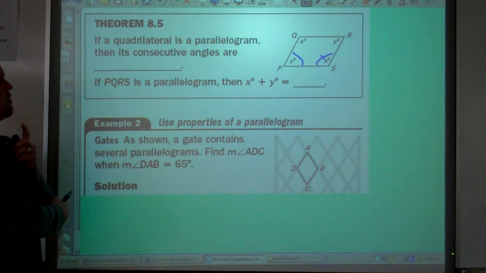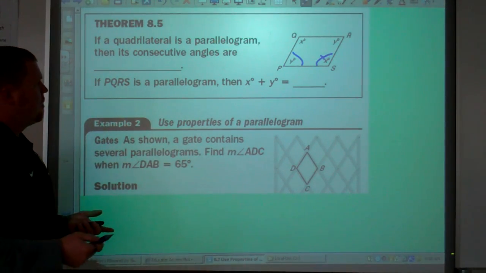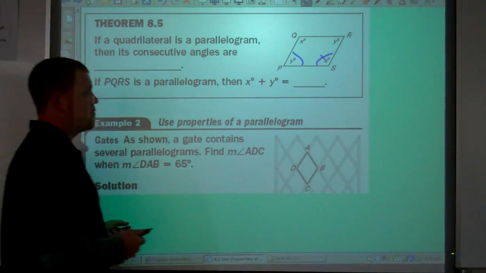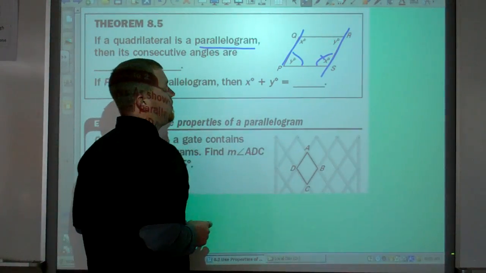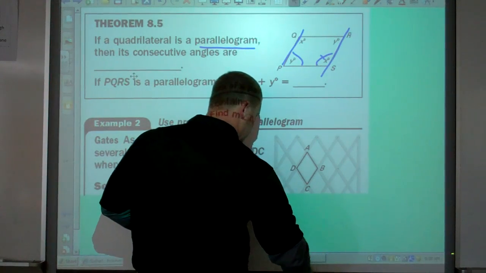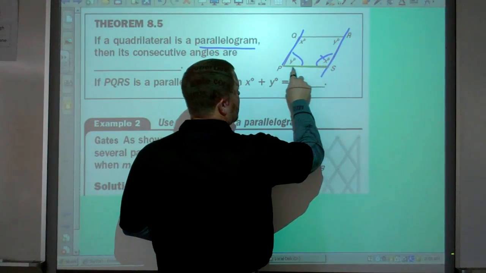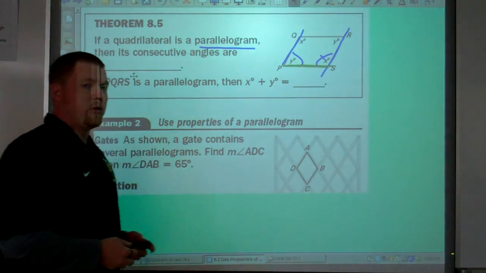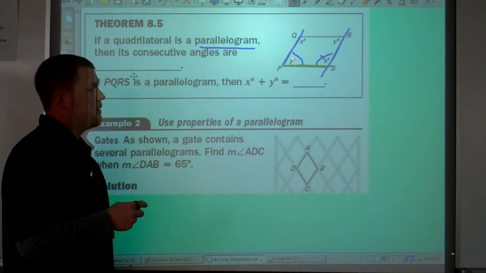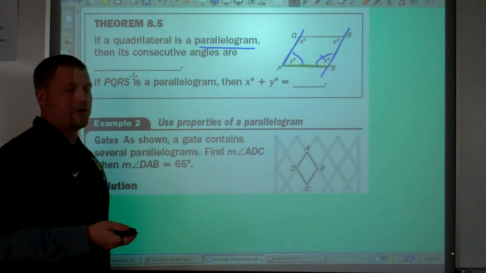So, what is true about these consecutive angles? Well, if you think back to, I think it's chapter 3, when we talked about parallel lines, these lines are parallel because it's a parallelogram. Here's my transversal. These angles have what kind of angle pair relationship? Those angles are consecutive interior angles.